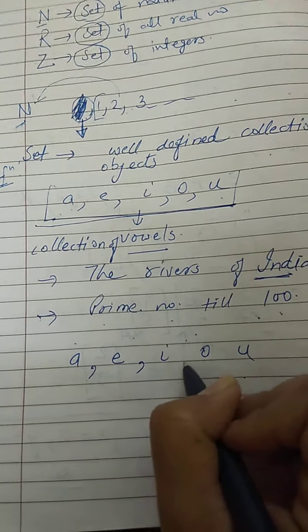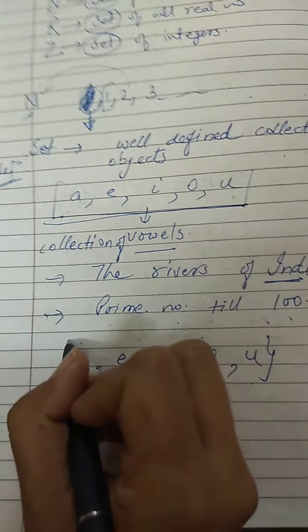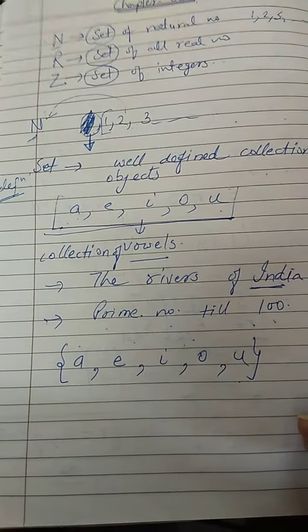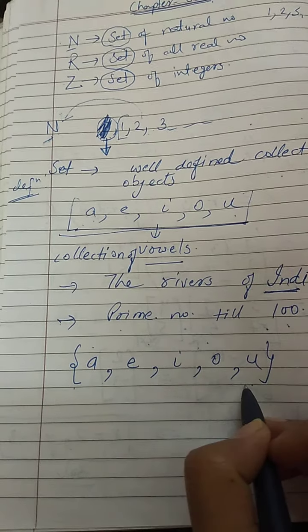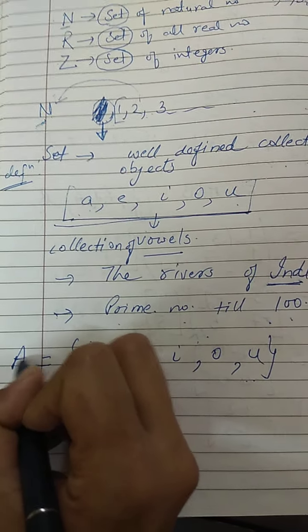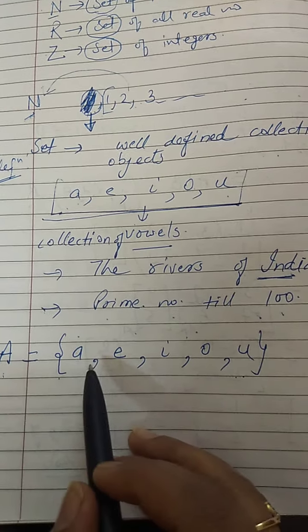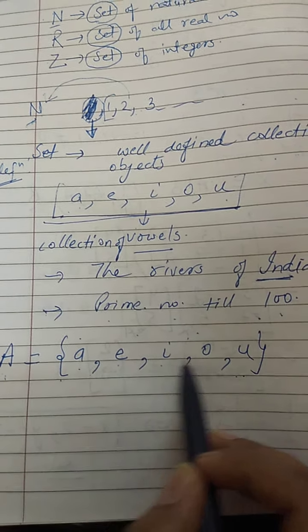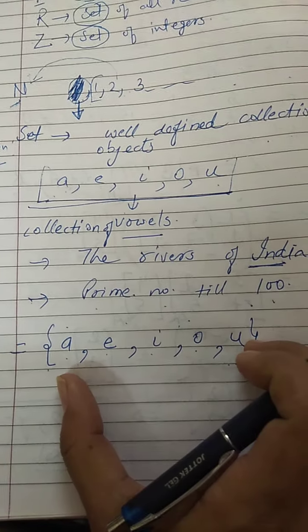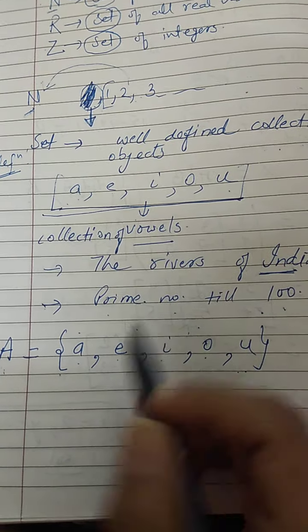These vowels we will separate by commas, and we will write them within curly braces. No other bracket will be used. Whenever we have to give a name to the set, we always use a capital letter. The set will be represented by a capital letter, but the objects or the elements that we are writing will be written as small letters.